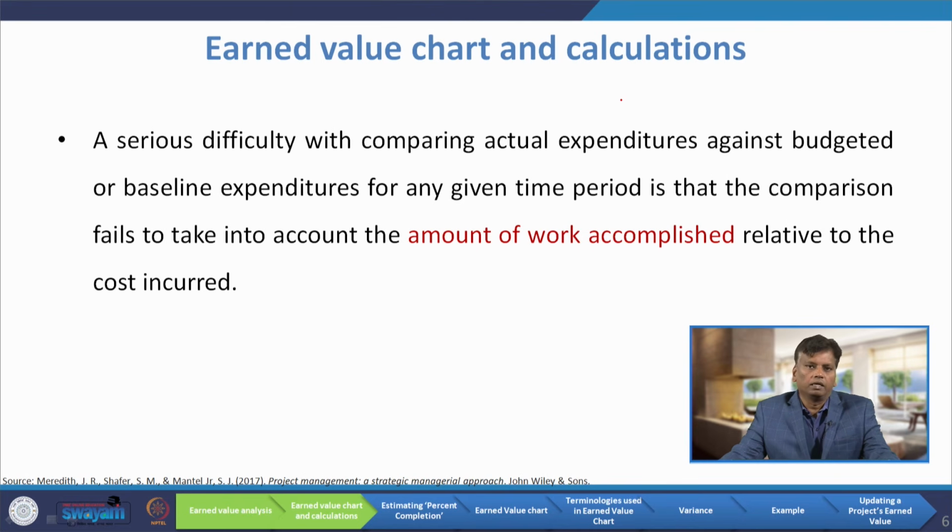Many times we compare the planned expenditure and actual expenditure, but we fail to measure the amount of work accomplished. So, in earned value analysis we include this important element, apart from the budgeting requirement: the amount of work actually accomplished for measuring the performance of a project.